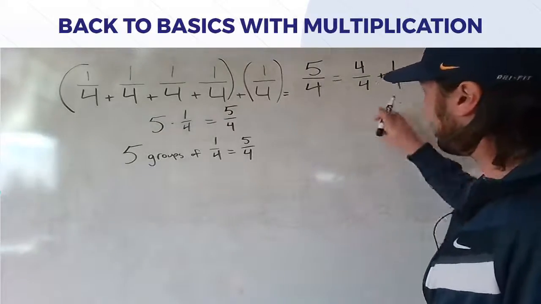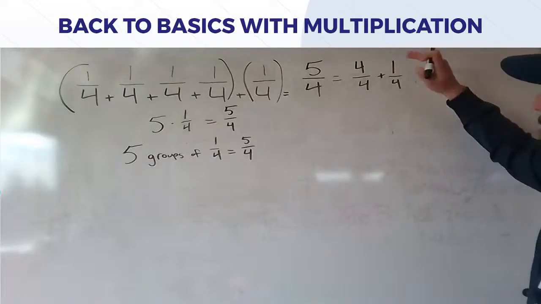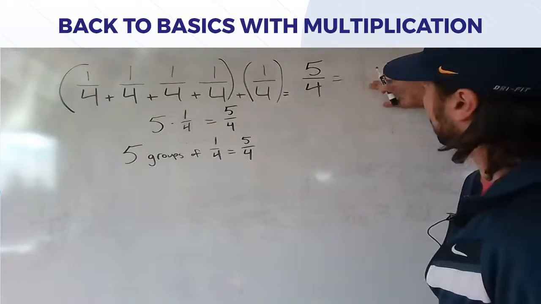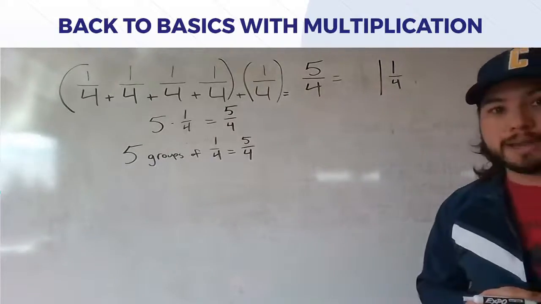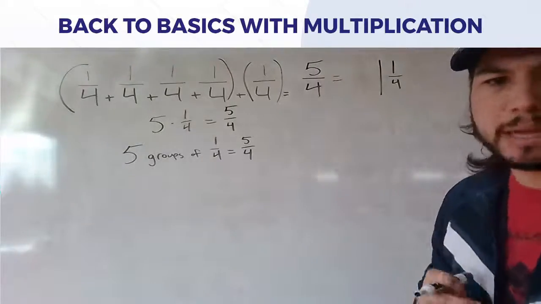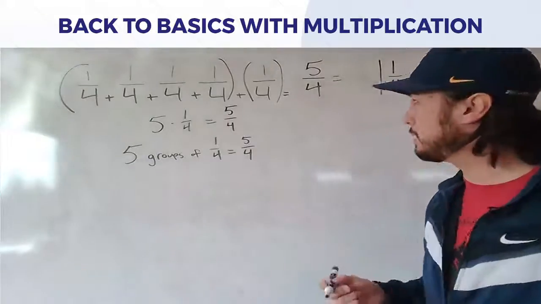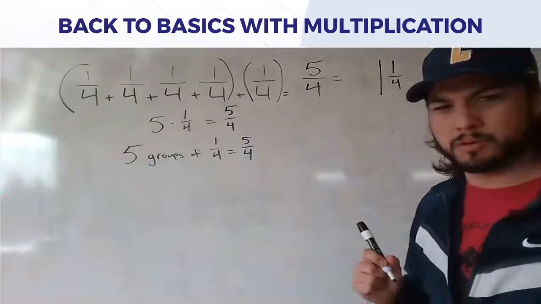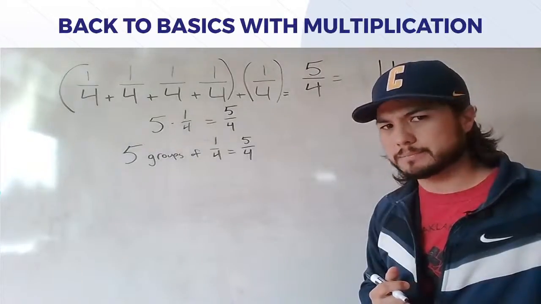Knowing that our 4 fourths, denominator and numerator matching, equals 1, that gives us a most simplified answer of 1 and 1/4. 5/4 is an acceptable answer. It's got the same value as 1 and 1/4. All we did was take 4 of those fourths and group them into a whole because it's a little bit easier to read and a little bit clearer.